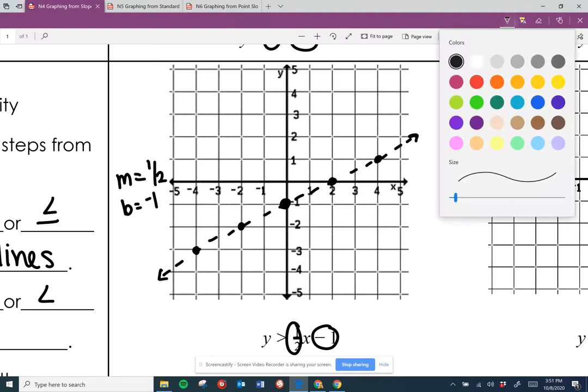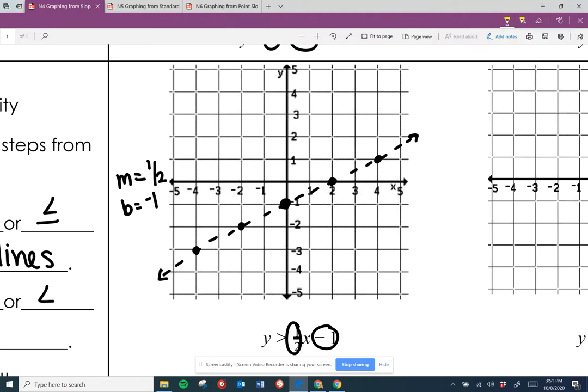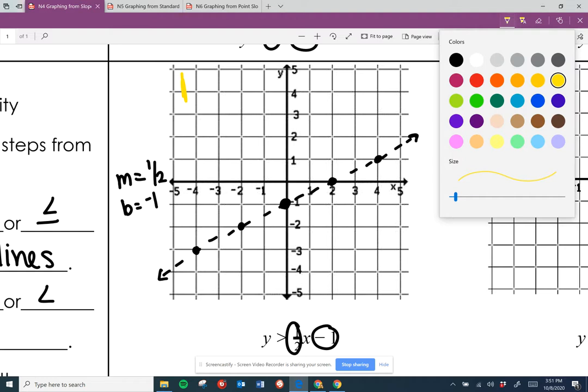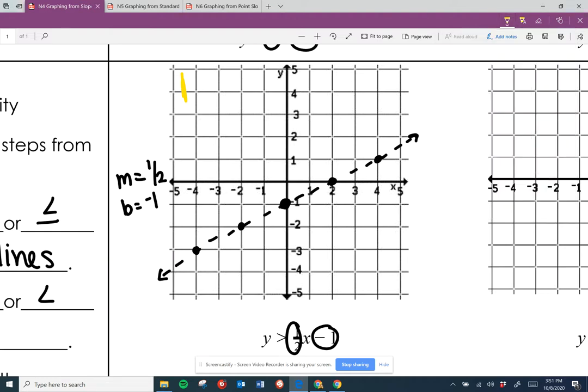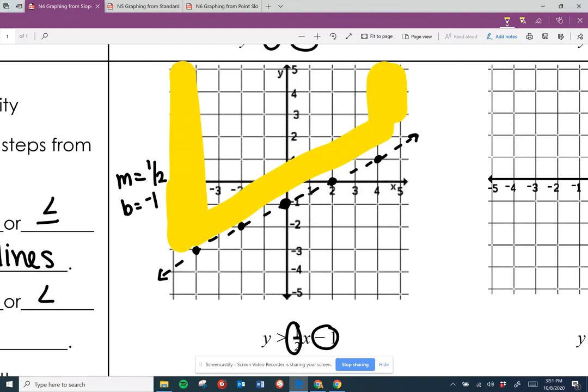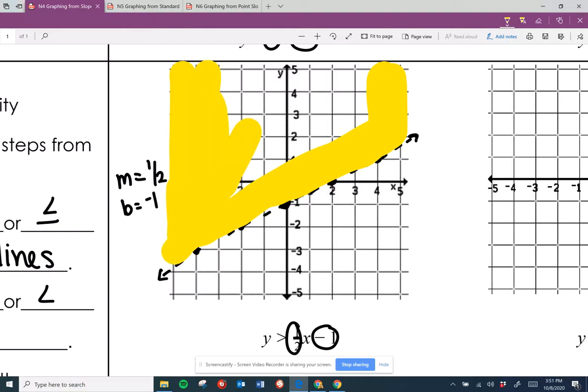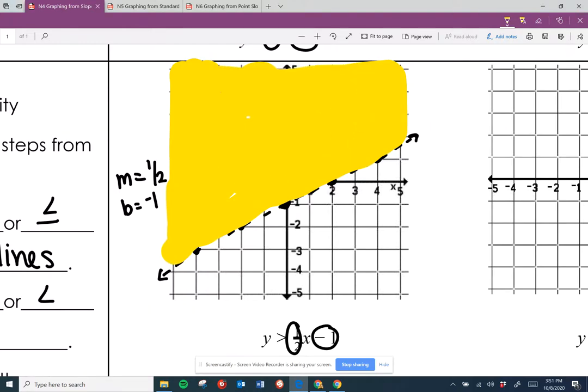So I am going to shade in the top of this graph, okay? You just want to get close to the line like this, everything that's on the top of this graph. Okay, so just take a matte pencil, colored, whatever, and you'll just shade in the top, right?